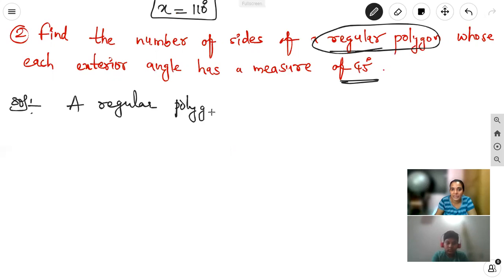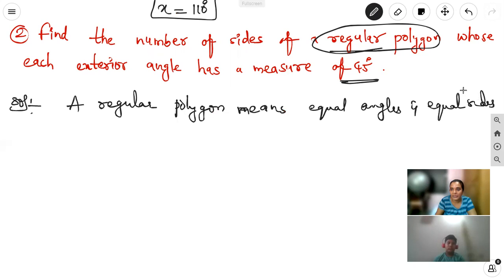Regular polygon means each and every exterior angle or interior angle is the same. All angles equal and equal sides. Equal length of sides, not equal sides, equal length of sides.